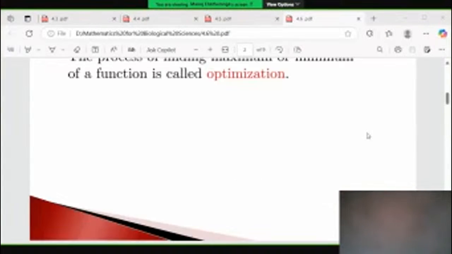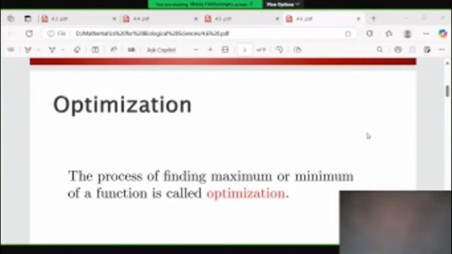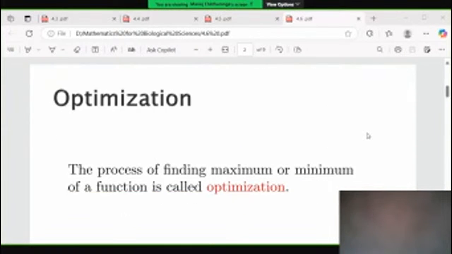Let me show you and let's discuss some examples. Optimization is the process of finding the maximum or a minimum of a function for a certain process.